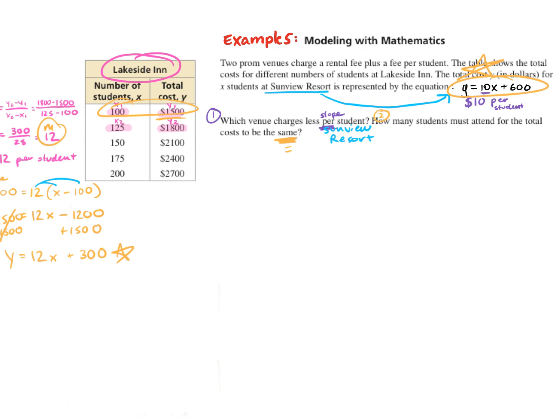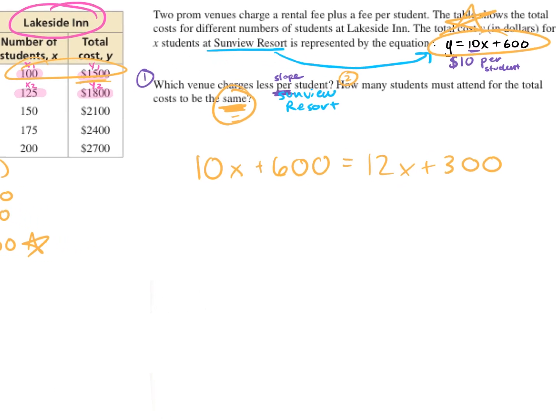So I'm going to set those equal to each other. So I'm using substitution here. So I have 10x plus 600 is equal to 12x plus 300. Because it's asking for where the cost would be the same, so we set them equal. So here, how would I solve for x?